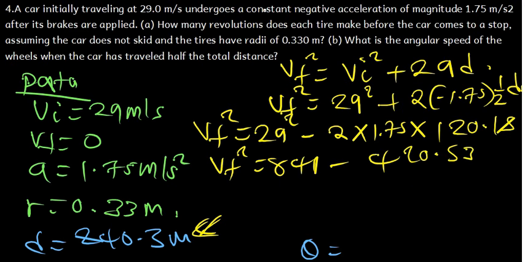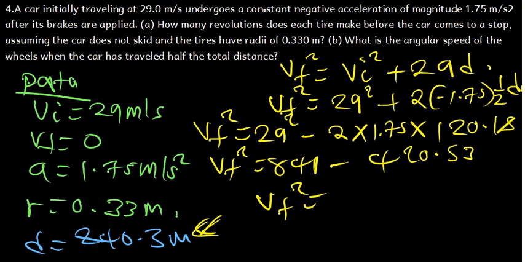Now this is what I'm going to do. I'll get rid of this, then I'll say v final squared is going to be equal to 841 minus 420.53.